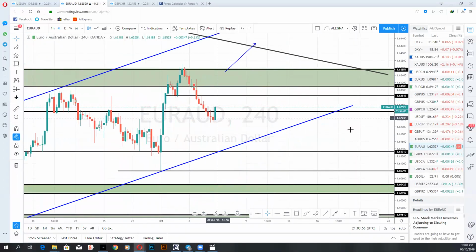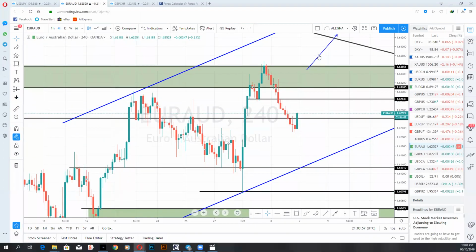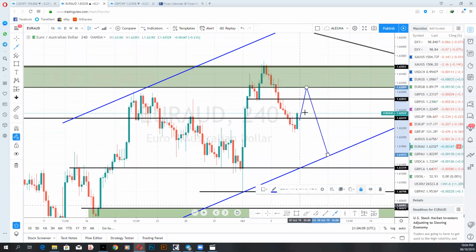So this is a scenario on this pair: a possible pullback into this area. If this area holds as resistance, you might see price come down. But should it go above here, you might see something else. So that's the scenario on this pair.